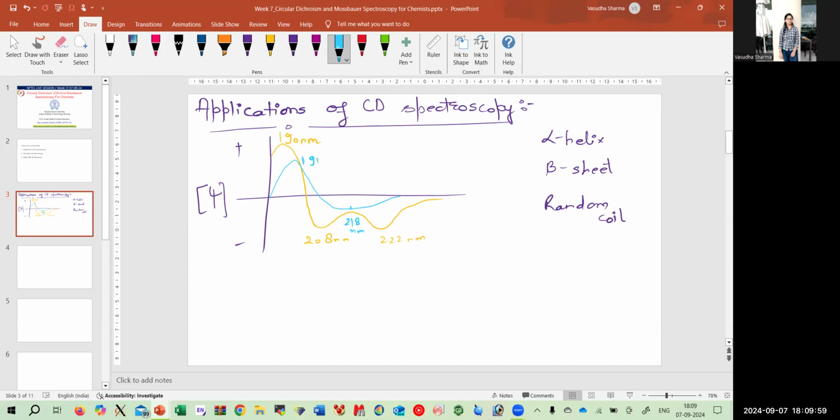Whereas the signature of random coil is easy to interpret because it starts with the negative end at the same position as the beta sheet, but it gives a very broad peak in the similar region of 220 to 230 nanometer. So this is one application where CD spectroscopy helps in identifying the secondary structure of the protein.